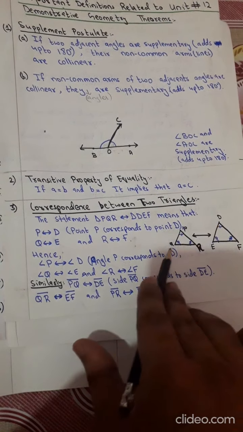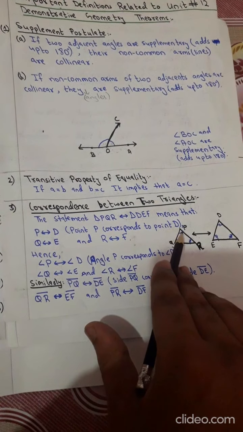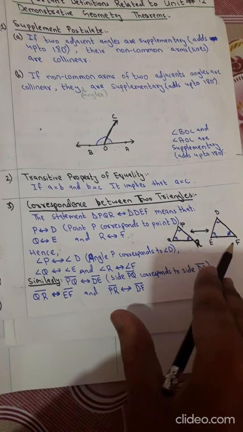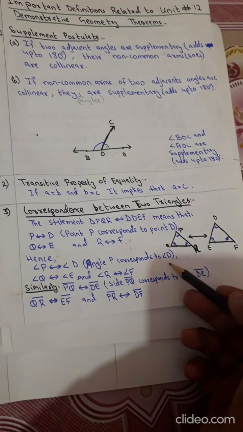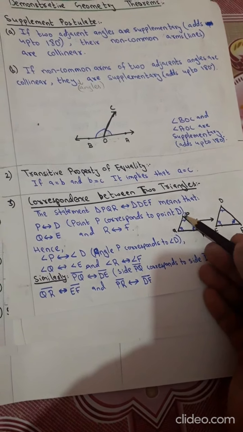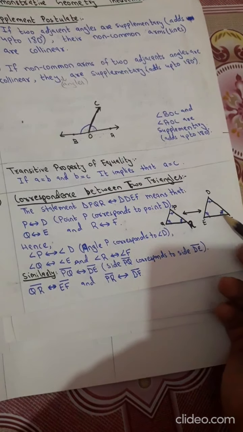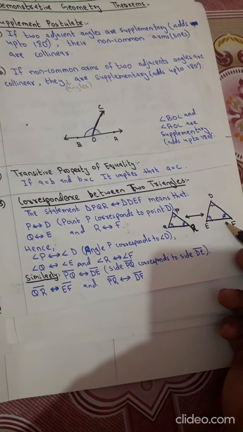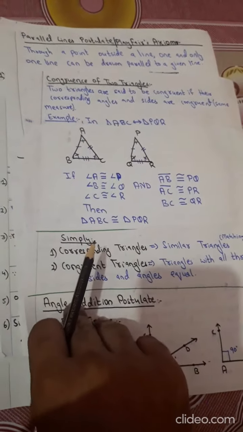Point P corresponds to D, Q to E, R to F. Angle P corresponds to angle D, angle Q to angle E, angle R to angle F. Similarly, side PQ corresponds to side DE, PR to DF, and QR to EF. Correspondence means matching of two triangles.